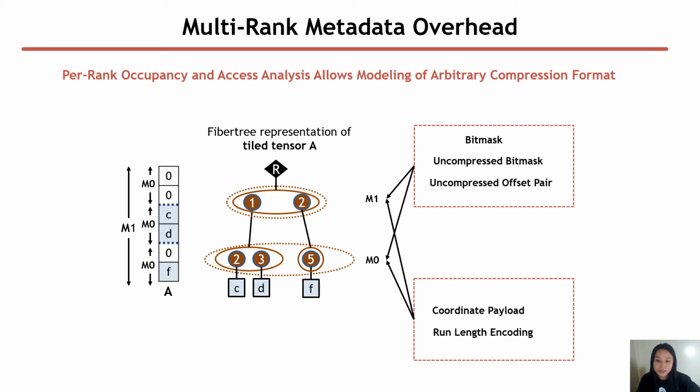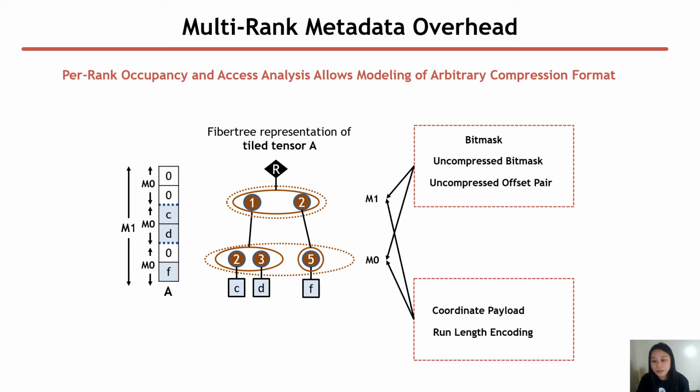So as shown in this figure, we're able to specify the format for rank M1 and M0, and we're able to freely choose from these options that are available as we just described.